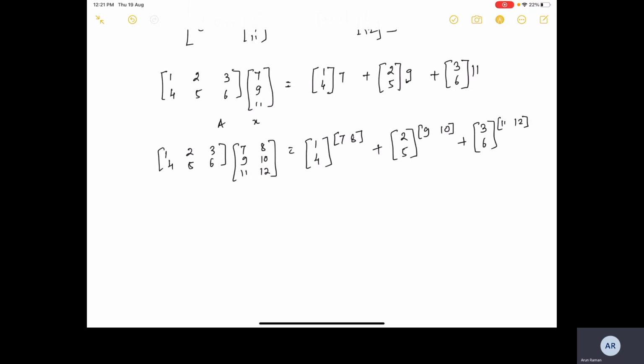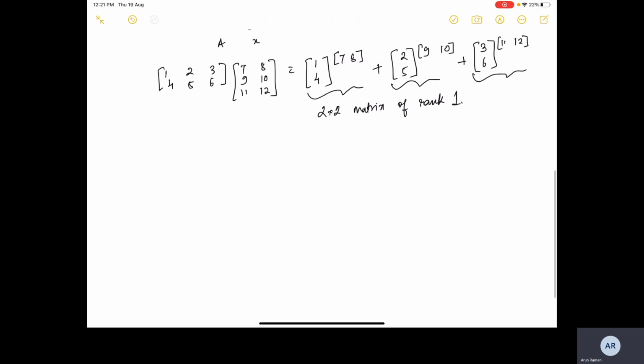Each of these terms is a 2 cross 2 matrix of rank 1. You can verify that it does have rank 1. So this is the view of matrix multiplication that we will consider in this lecture.